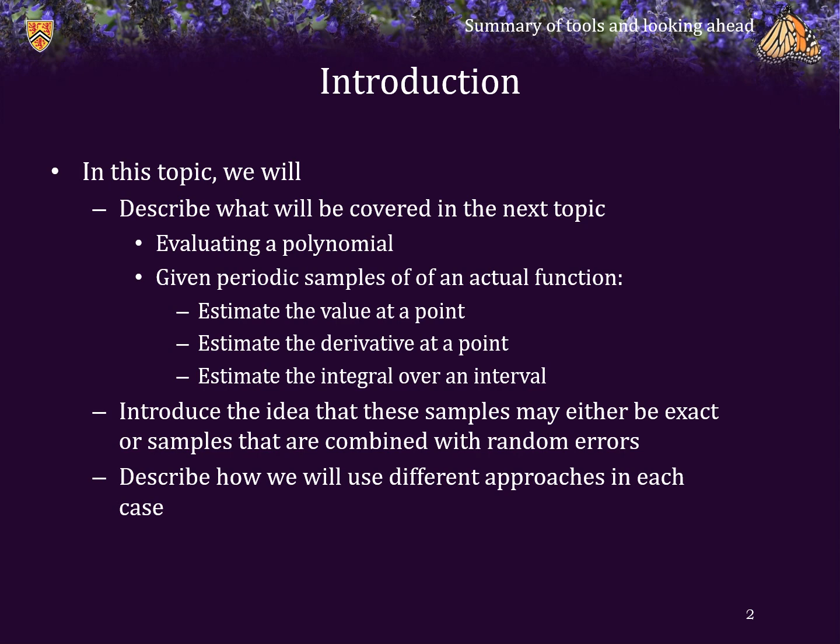We will introduce the idea that these samples may either be exact values or they may be samples that are combined with significant random errors. And we will describe how in both of these cases we will have completely different approaches to making the above three estimations.